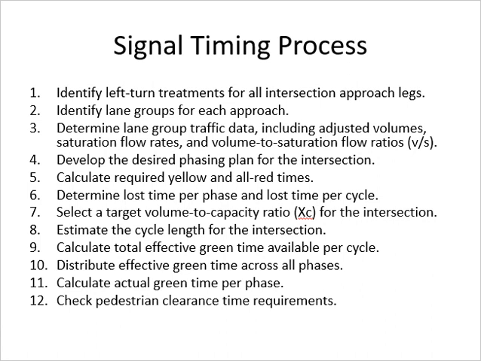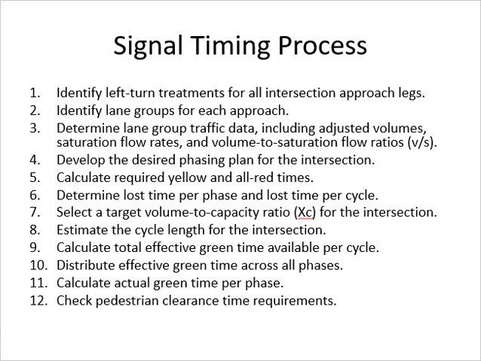You have to determine the traffic data for each lane group, and this data will include finding out the saturation flow rate for each lane group, the volume, and then finally the volume to saturation flow rate ratio. Then we develop the desired phasing plan for the intersection, calculate the yellow and all red times, find out the loss time for each phase, and add the loss time of all phases to find out the loss time for the cycle.